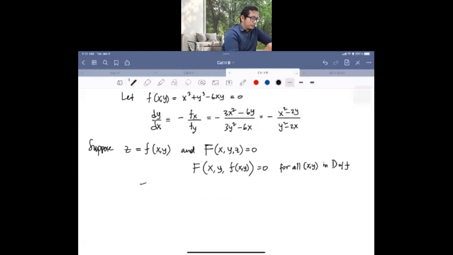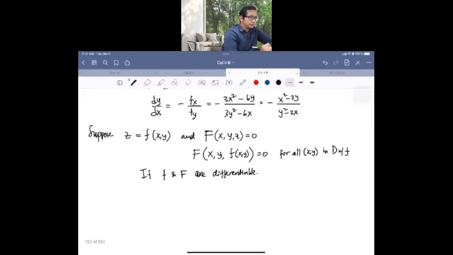Okay, if small f and capital F are both differentiable functions, so we can differentiate this, or partially differentiate.